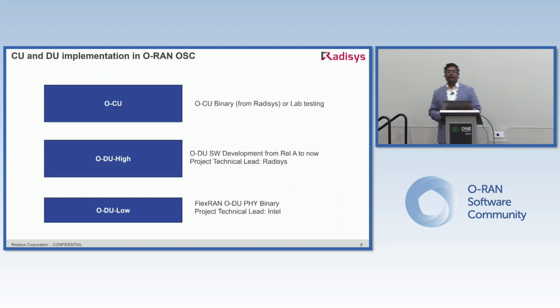So today, as we stand within the ORAN open source community, we have the OCU, which is mostly available in binary form, and right now we are in collaboration with the OAA team to use their OCU. And there is a software team working on the ODU software development, what we call the ODU High, which is focused on all the layer 2 MAC, RLC, scheduler related aspects, along with the O1 and E2 interface related logic.